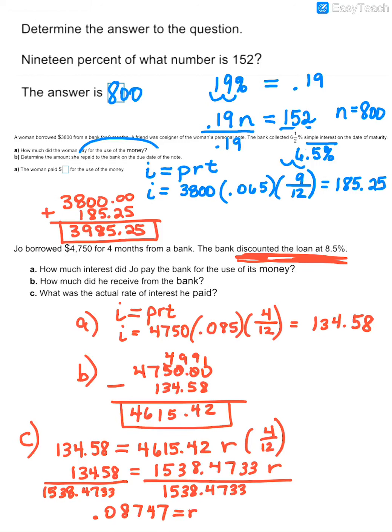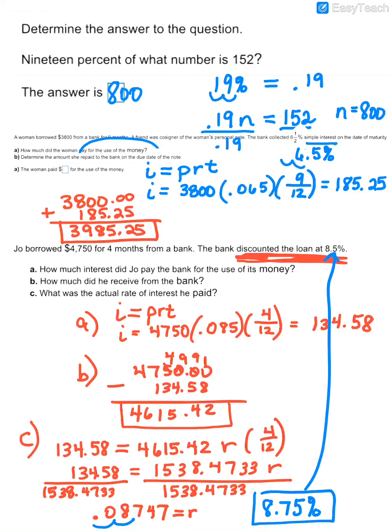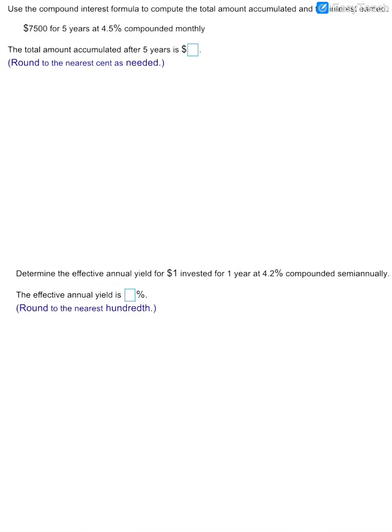So if we're looking at the actual rate of interest, to change from decimal back to percent, we'll go 2 to the right. And so she would have actually paid 8.75% because of the fact that she had to pay that interest up front. So notice that's a little bit higher than what it looks like, and it's because of the fact they're collecting that interest up front.